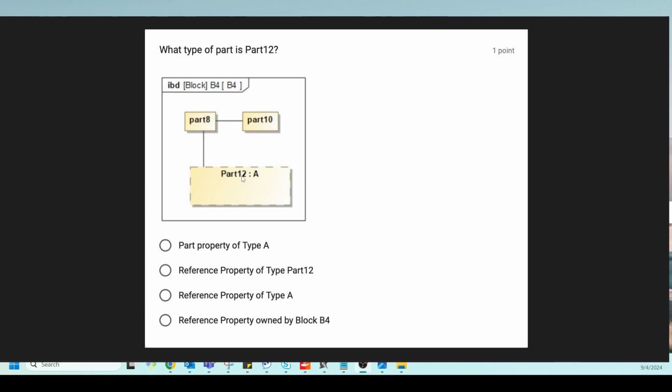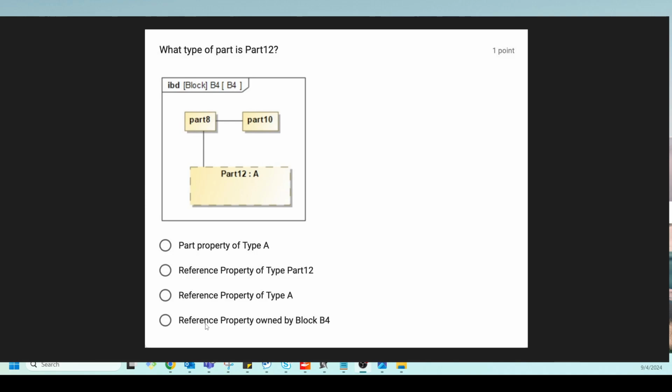So part 12 would be the reference name, then a colon, and then the type. So it's not of type part 12, right? It's that part 12 is a reference property of type A. And if you were unfamiliar with this format, it's on page 68 of the Delligatti text, and you can familiarize yourself with that.